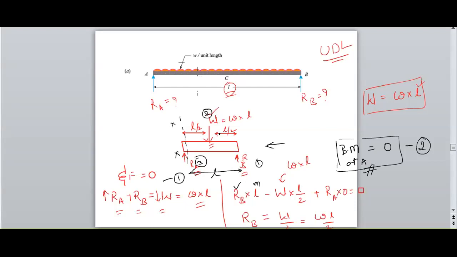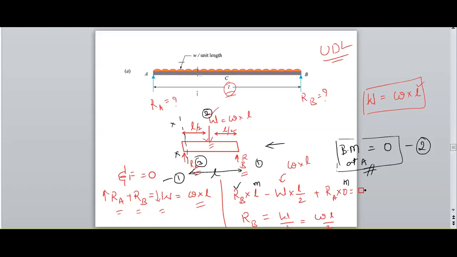And the second force is W, and its perpendicular distance from A is L by 2. And the third force is RA, which is passing through A, therefore the distance will be 0.